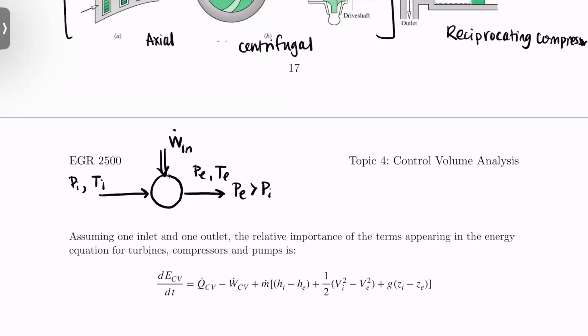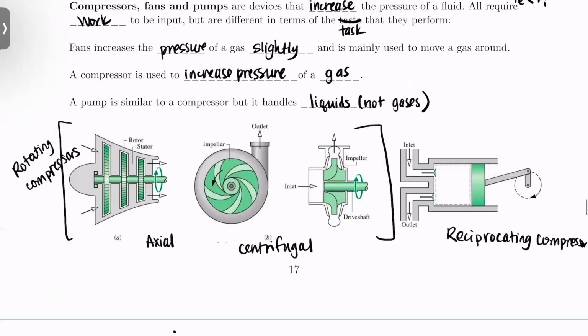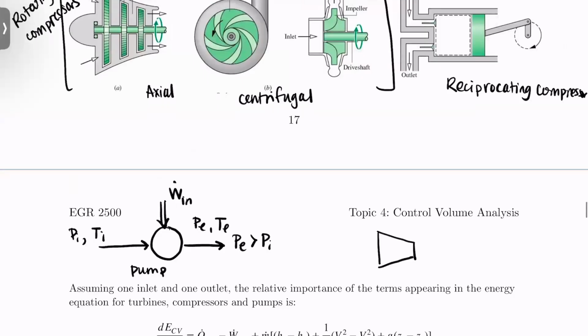And then for a compressor, so this is a pump, the compressor, we draw in a similar shape to the turbine, but it's facing the other way around. So we have PI, TI, PE, TE, work goes in, and then we have PE is greater than PI. Any questions so far? Okay.